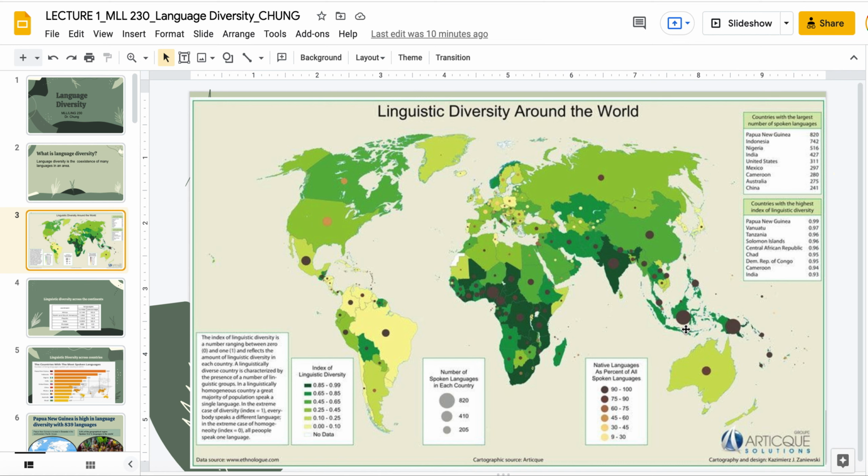Whereas the less green that you get, the more homogenous the speakers are. So you're less likely to find people who speak different languages around the area. And so you can see the ranking with the countries that have the highest index of linguistic diversity, and then also the countries with the largest number of spoken languages.